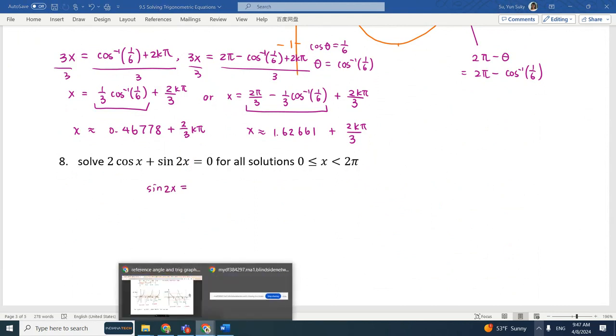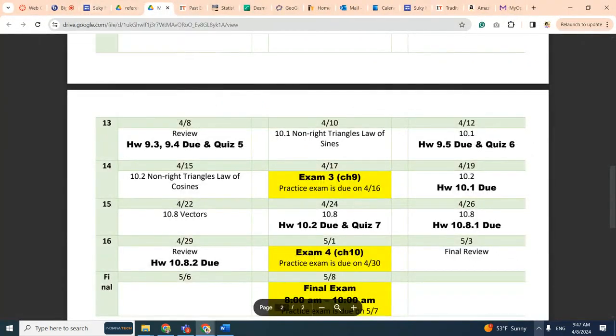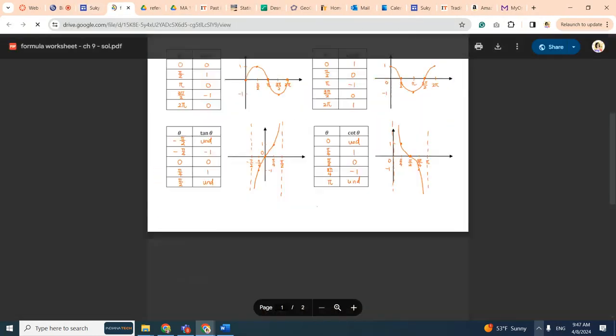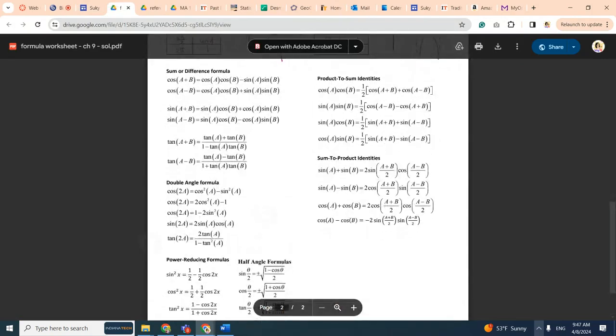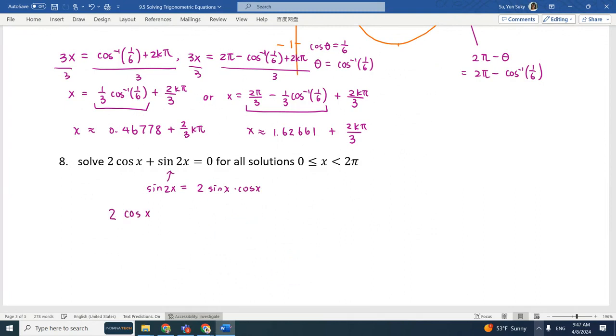What is sine 2x? Yeah, 2 sine A cosine A. So this is 2 sine x cosine x. Plug in. We get 2 cosine x plus 2 sine x cosine x. So make the angles the same.